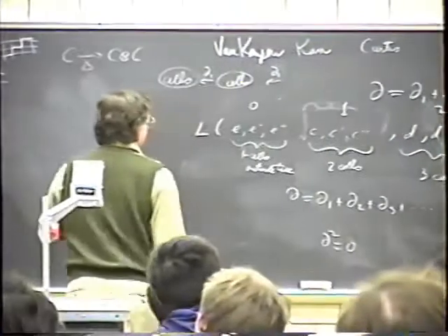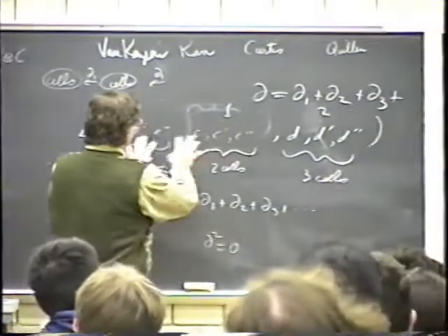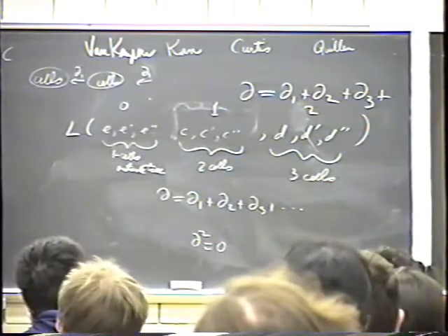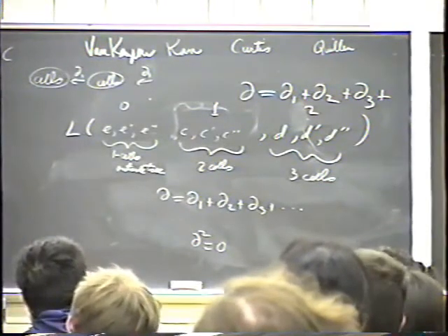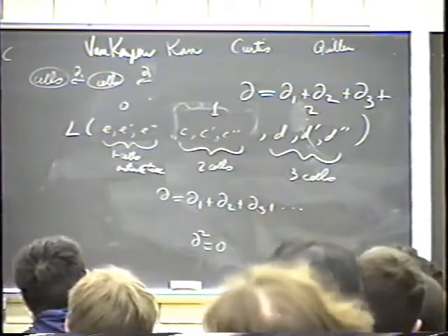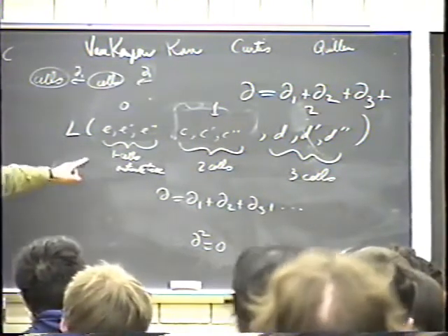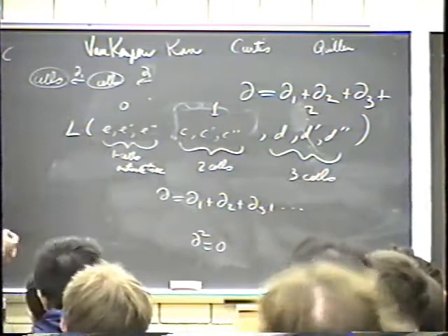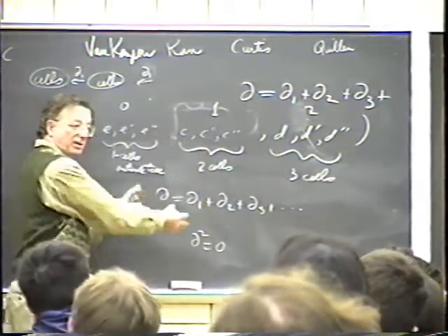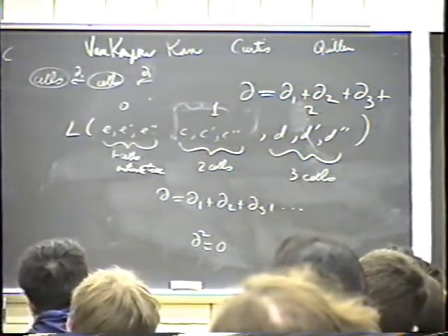And you can think of the first 2 stages here as being analogous to what we know as the Van Kampen theorem, that says that you can make a presentation of the fundamental group by taking one generator for each one cell and one relation for each 2 cell. But I'm not giving you a group here, I'm giving you a Lie algebra. Groups and Lie algebras are not the same.